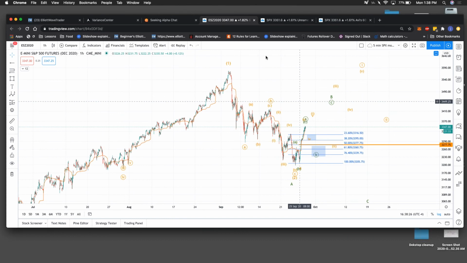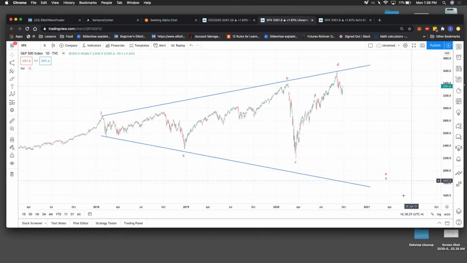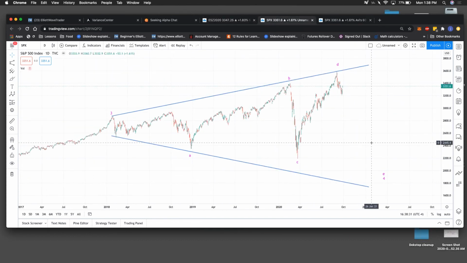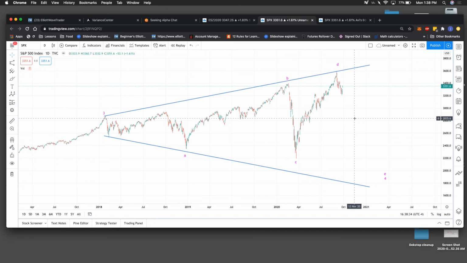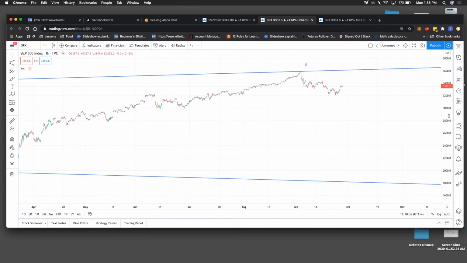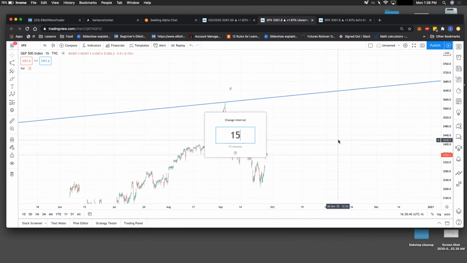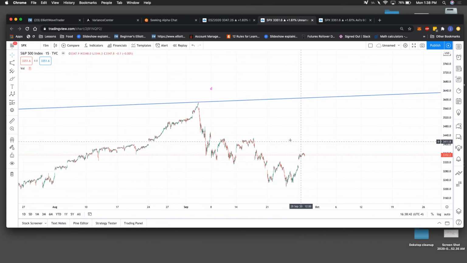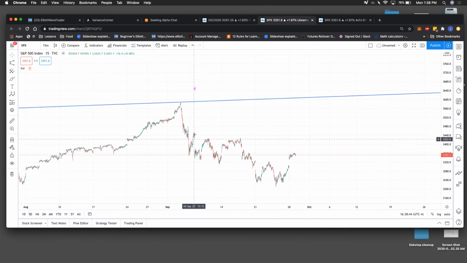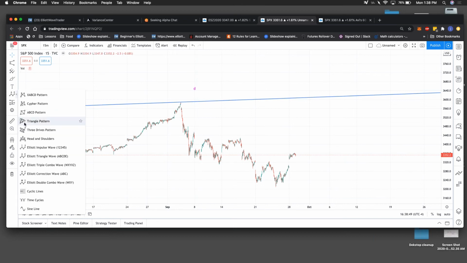So even in that instance here, if you're looking for a 5-wave move down to start this E wave here, I don't think the market necessarily needs that. In terms of evaluating that potential, I can potentially call this a 5-wave down here.